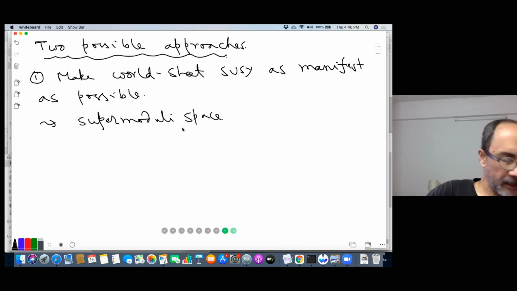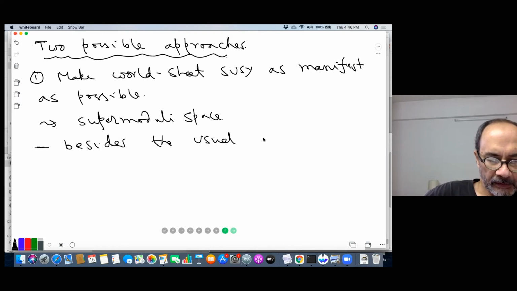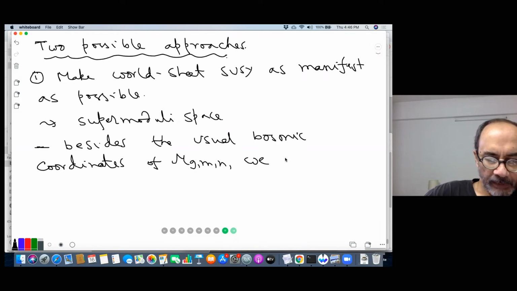So what is supermoduli space? Here, what happens is that besides the usual bosonic coordinates of M_{g,m,n}, we have a set of Grassmann odd variables.